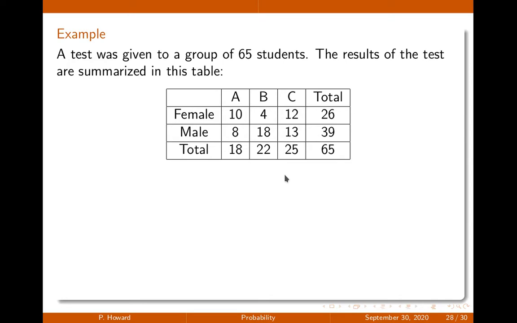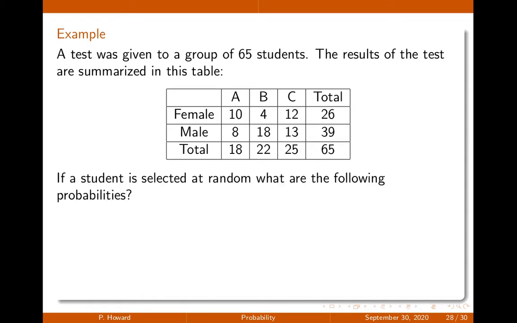Okay, and now we're going to assume that a student is chosen randomly from this group. In other words, each of the 65 students has an equal chance of being chosen. And we're going to try some of the probabilities.